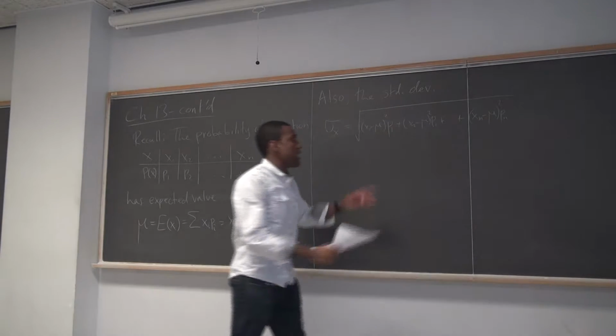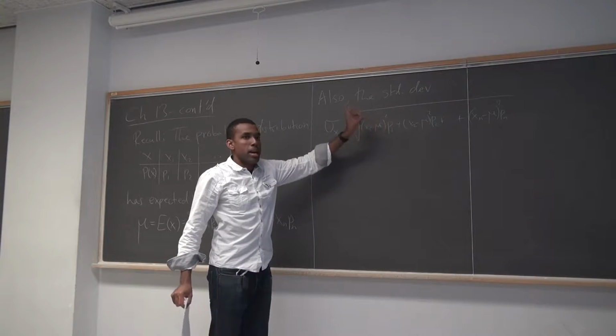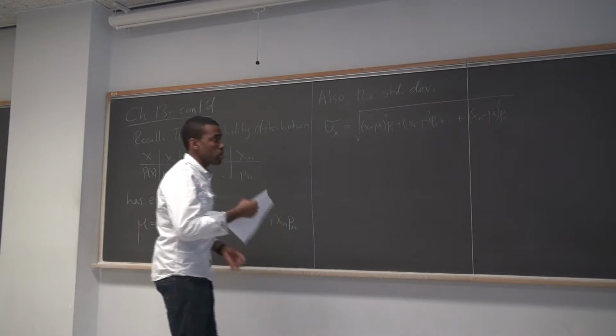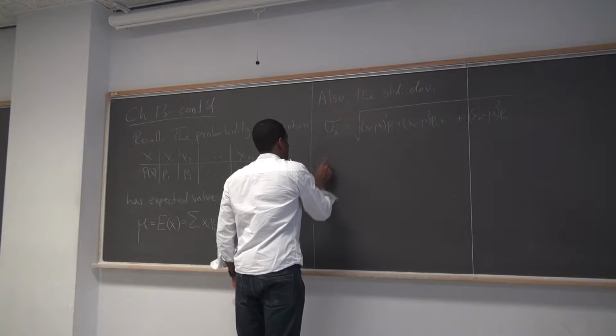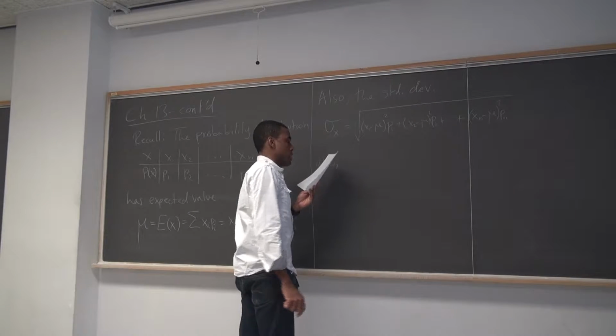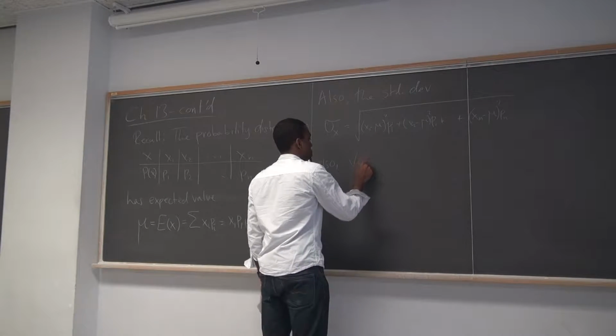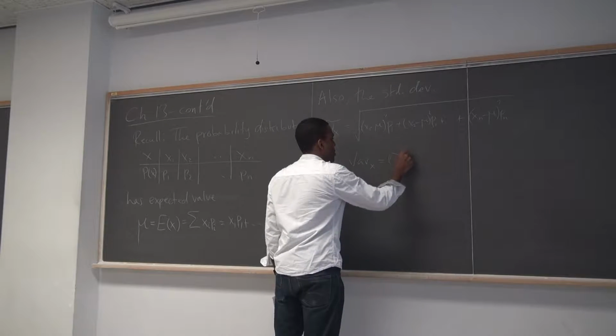Remember, the pn already has the division by n part in it, so we can literally just multiply by the probability. Also, we know that the variance of x is just sigma squared.